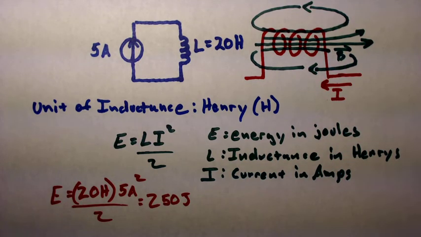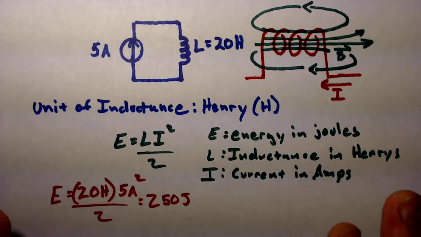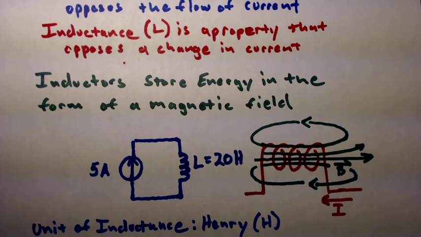Okay, so the two things thus far that we should definitely pay attention to for inductors is A, it's a storage device for energy, and B, it's a property that opposes a change in current.